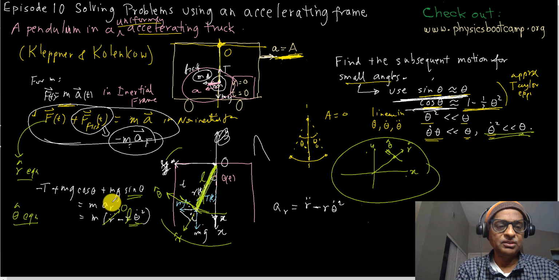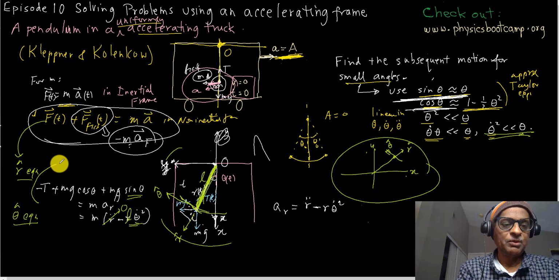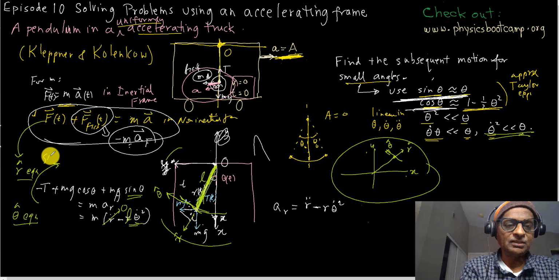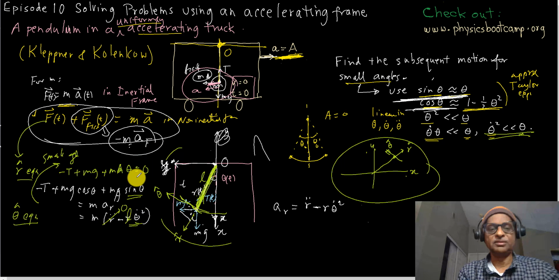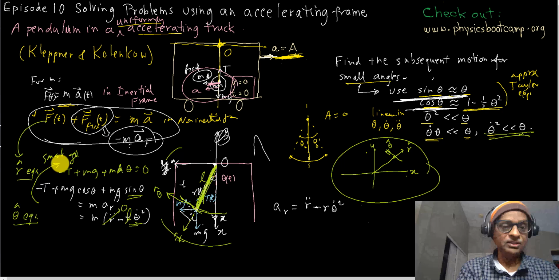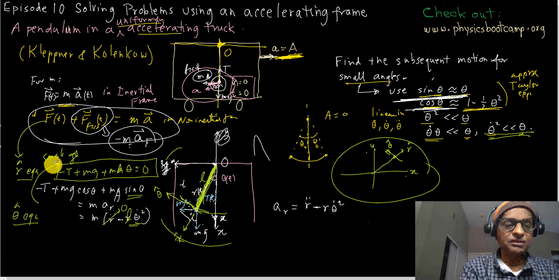So when we go to small angle, this will become minus T, and this will become mg, and this will become plus ma theta, and the right side will become 0. So pretty cool, right? This is the equation we will deal with later.